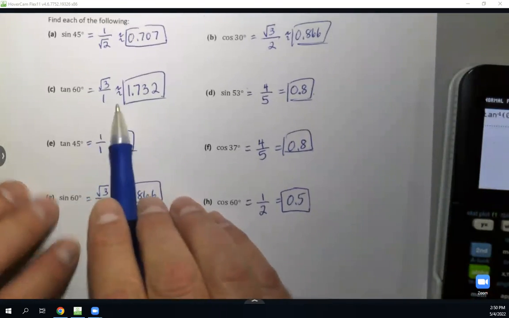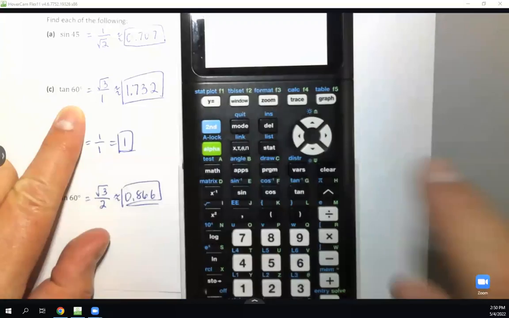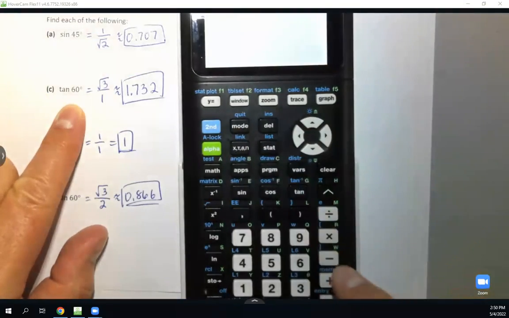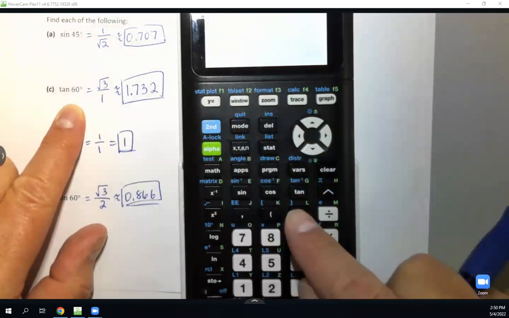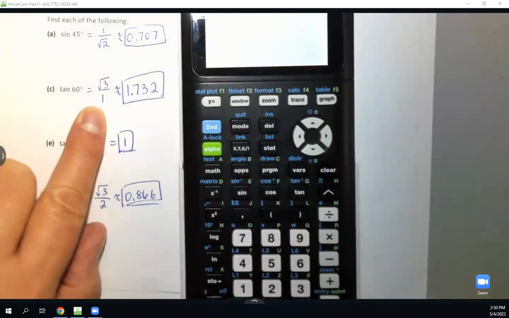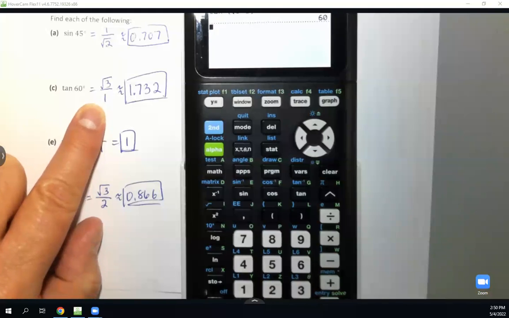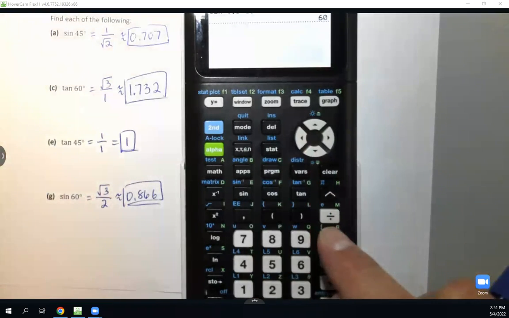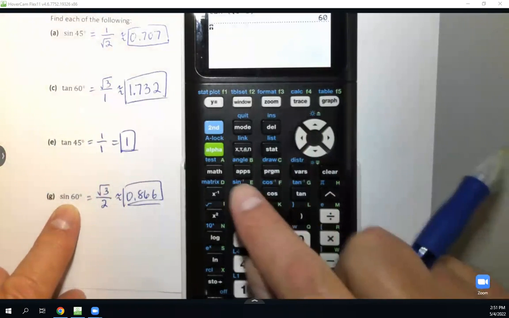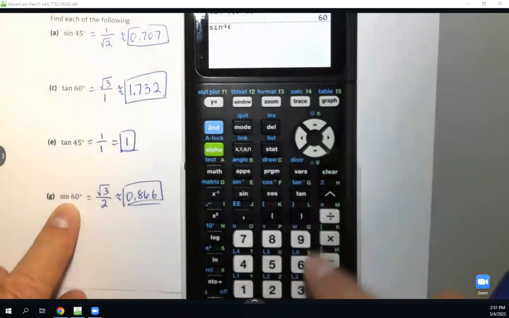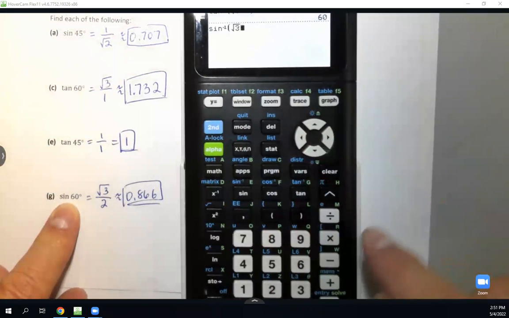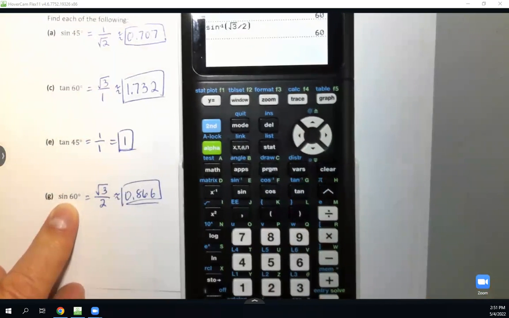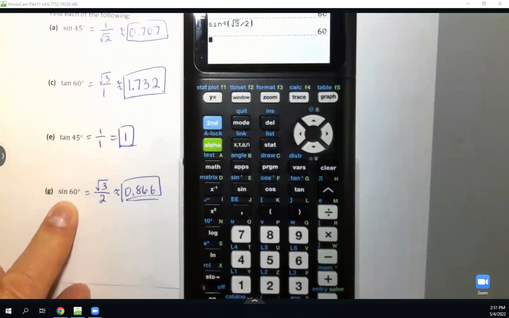And by the way, if I do the inverse tangent of the square root of 3 over 1, that's going to give me the 60 degrees. If I do the inverse sine of the square root of 3 divided by 2, that gives me the 60 degrees.